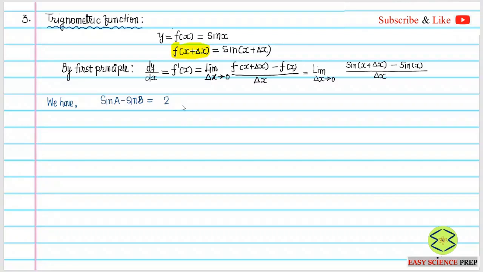It is 2 cos of (A plus B) by 2 into sin of (A minus B) by 2.